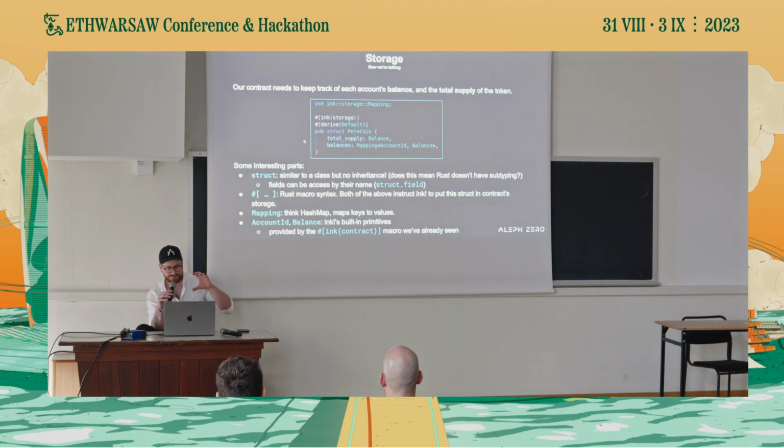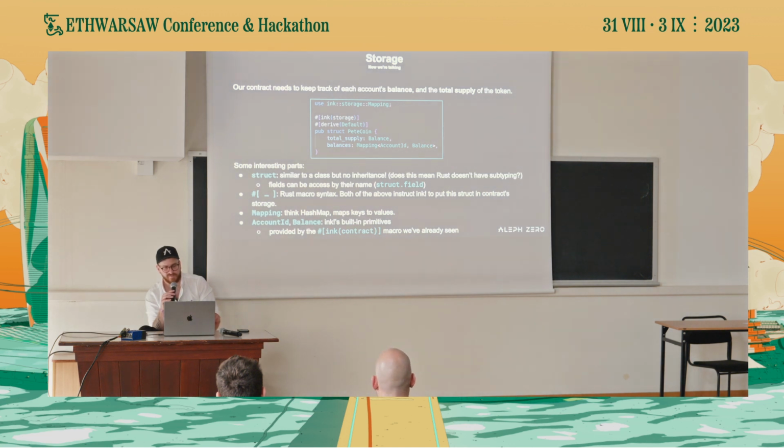They're just basically a box for stuff with fields that you can access by name. So yeah, that's pretty cool. And inheritance, well, yeah, this may be controversial, but I think inheritance is generally not a good thing to have in your programming language. I'm happy to discuss that after the workshop, but I think Rust's choice here is great. So yeah, you have this struct, and it has two fields: the total supply, which will be the balance, and balance is like ink's built-in primitive.